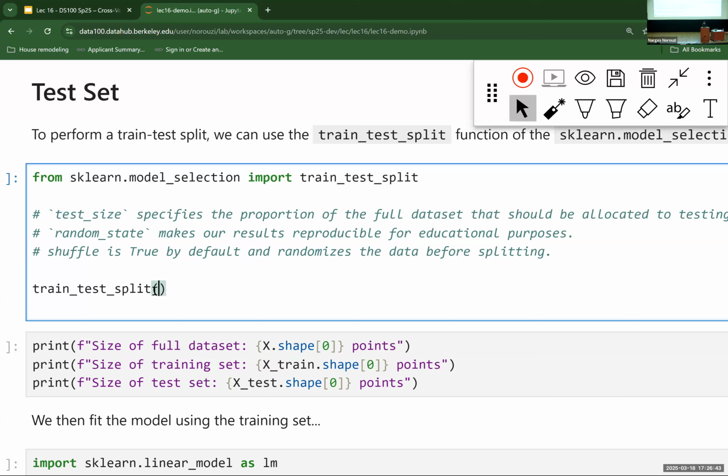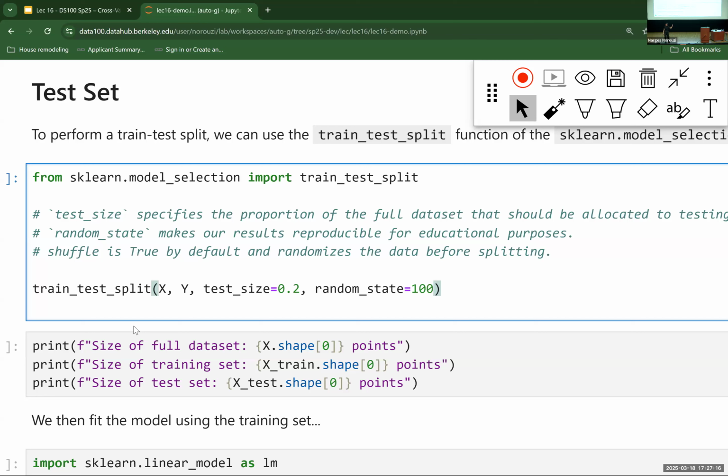So my design matrix was X, my target vector was Y, right? And then I would say that test size is equal to 20% in the test set. There is this other notion called random state that I can pass to this function to make the entire notebook reproducible. Because what train_test_split is doing is randomly splitting the data points into two parts, right? 20% goes into testing, the rest goes to the training.